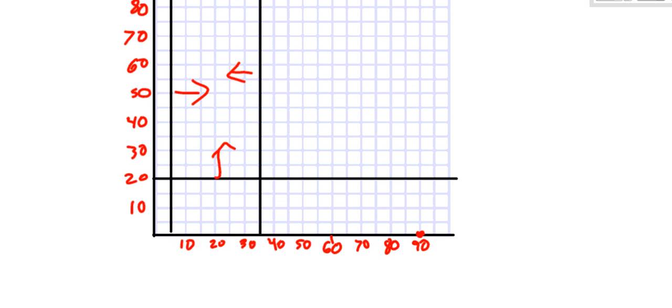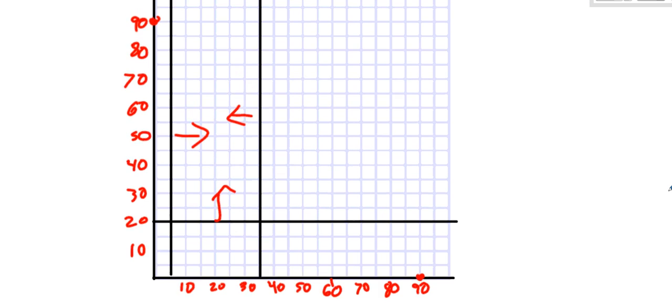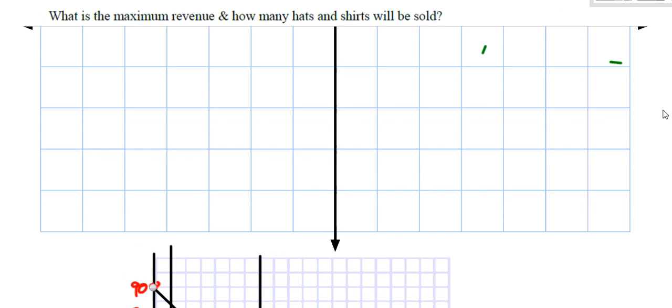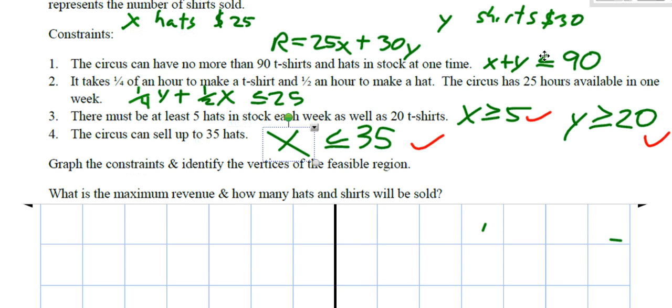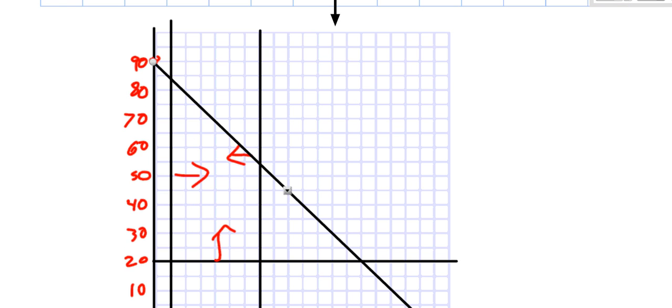So graph it from 90 to 90, those two dots that we drew. And it needs to be less than that graph. So we're looking still underneath that graph. So we're still in this little region.